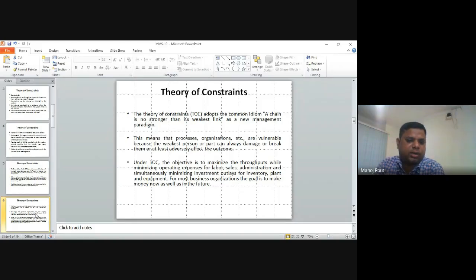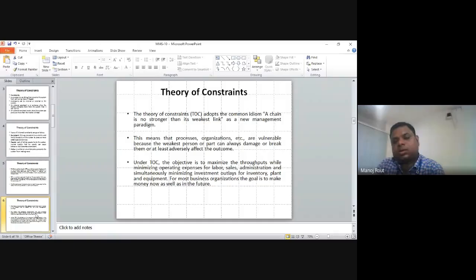So keep in mind the parts, the components, the subparts, and the people who are directly involved in the production activities. If you do not properly assign them, properly guide them, and properly monitor them, then the processes as well as the organization can face many difficulties in maximizing the outcome.